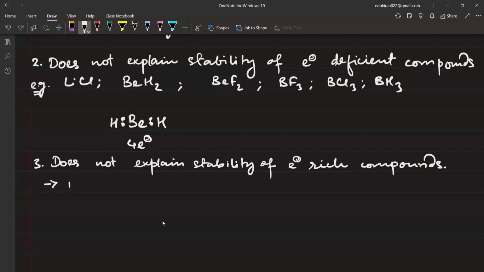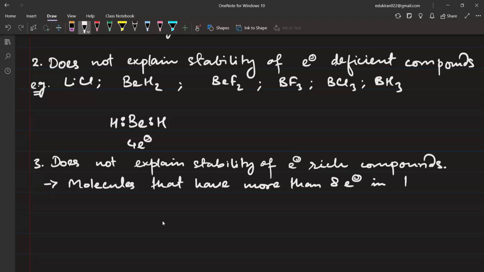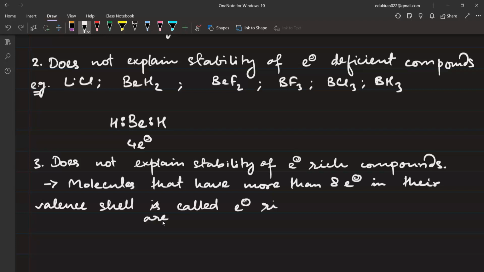You can write: molecules that have more than 8 electrons in their valence shell are called electron rich compounds.